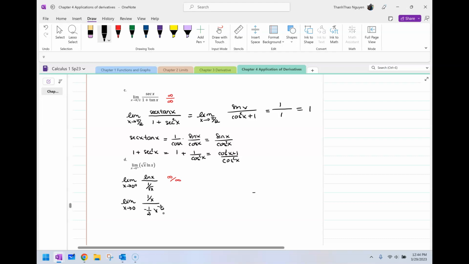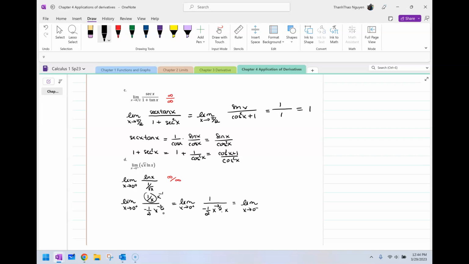So let's simplify this. 1 over x times negative 1/2. 1 over x is x to the negative 1, so bring that to the denominator. So you get 1 over negative 1/2 x to the 3 over 2 times x to the first.